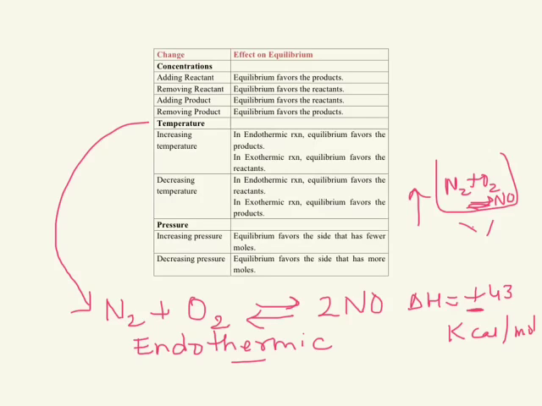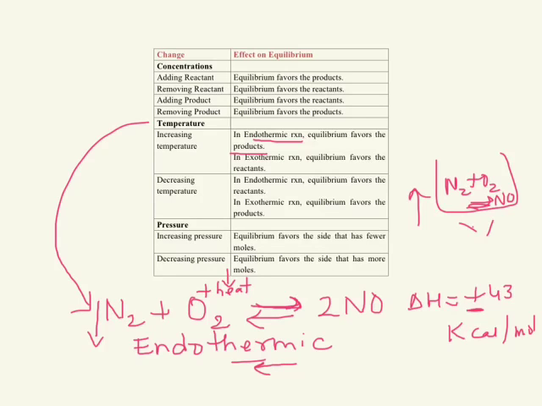Remember it's an endothermic reaction, you assume that your heat is on the reactant side. When you're increasing it, what happens? Equilibrium favors the product. Increasing the temperature of an endothermic reaction favors the products, means you're making more products. Decreasing the temperature will favor the reactant.